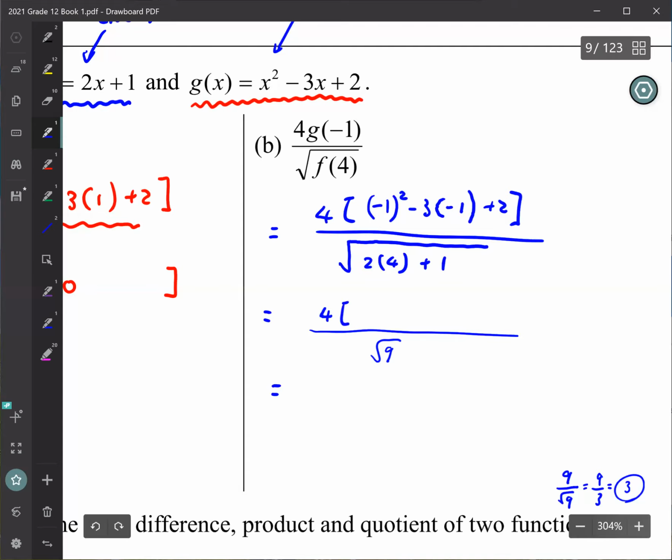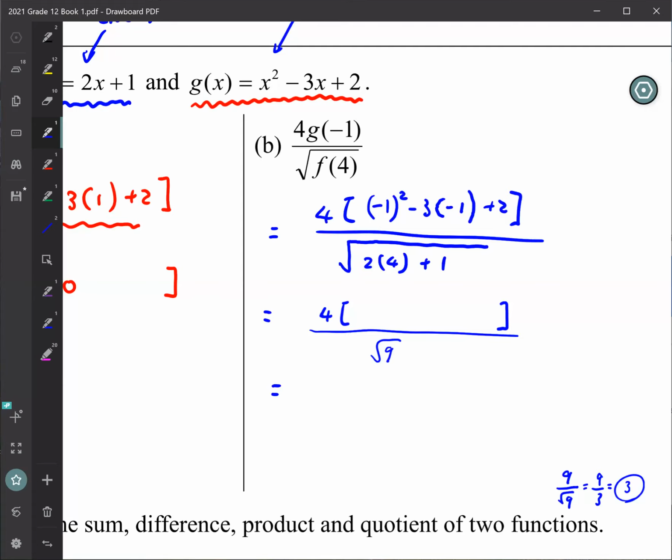Did you get the number inside the bracket? Not yet. So do you need help? Kind of. Okay, so we'll start, you follow the order of operations, okay?